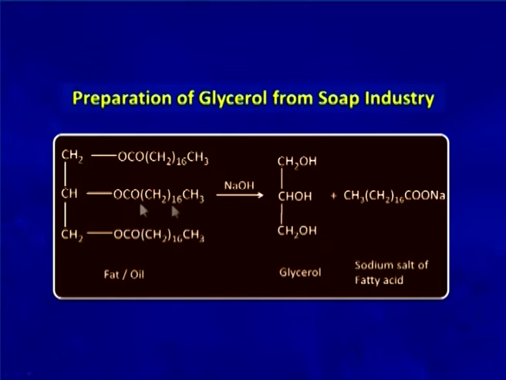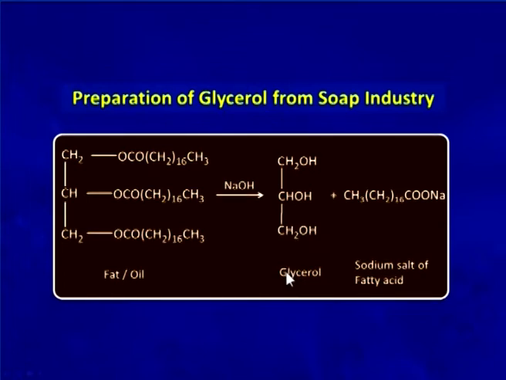When they are treated with sodium hydroxide or potassium hydroxide, they undergo hydrolysis to form glycerol and the sodium salt of fatty acids. Now, the sodium salts of fatty acids are called soaps. Along with the formation of soap, glycerol is also produced. This process is called saponification.